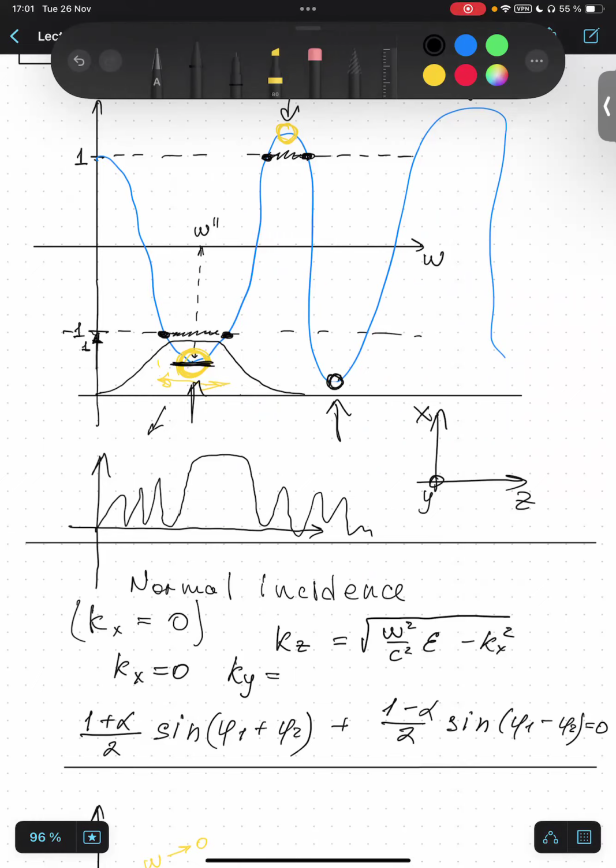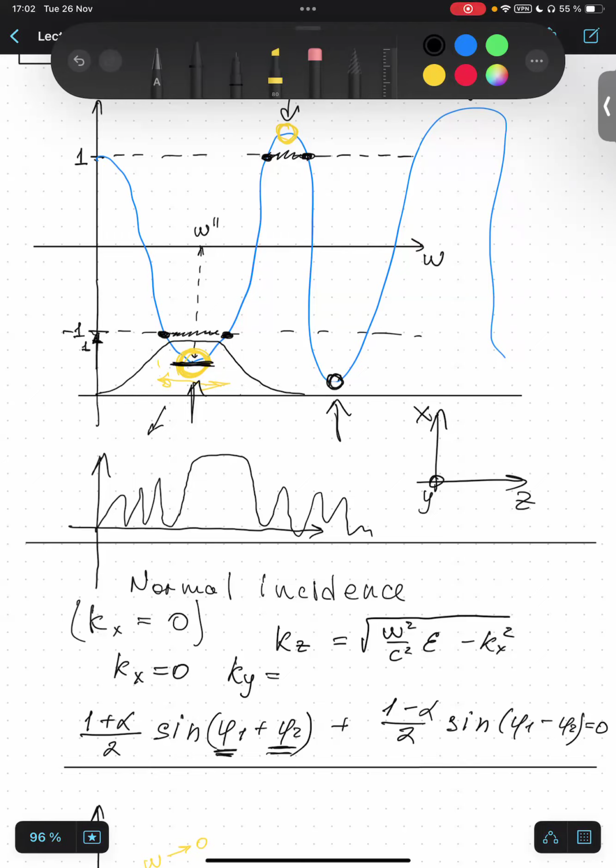But we have different permittivities, epsilon 1, epsilon 2, and different thicknesses d in these phases, phi 1 and phi 2. So it's not just that simple, I think. Yes, you have different permittivities, but they will not really affect it qualitatively.